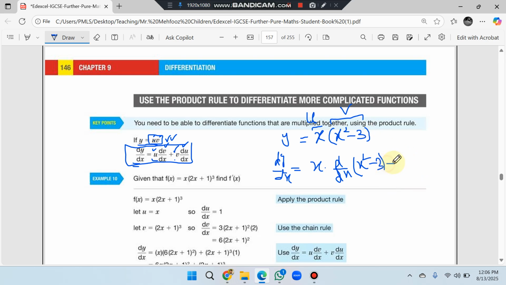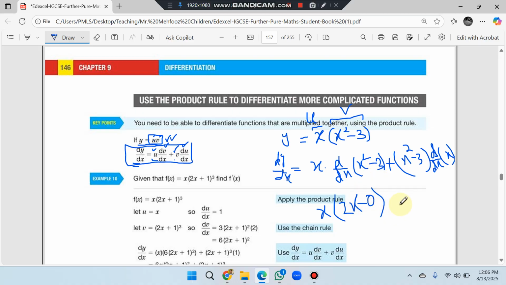Again, plus the second function as it is, x square minus 3, times the derivative of the first function, d by dx of simple x, right? Now you can see that x is as it is. What is the derivative of x square? That is simple 2x. And what is the derivative of 3? That is 0.